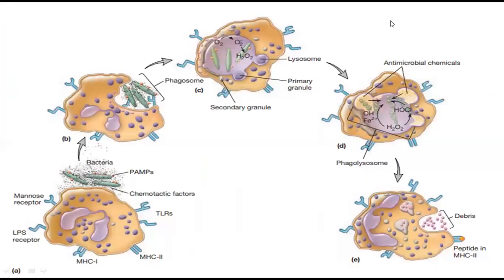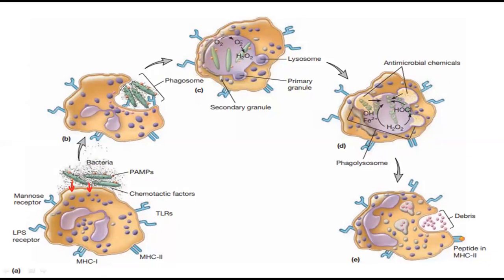This is an overview of the phagocytosis process. As I mentioned in the previous video, first these microorganisms interact with the immune cells, and when they give a positive signal, they are engulfed. How are they engulfed?